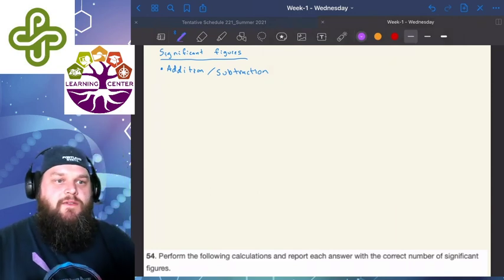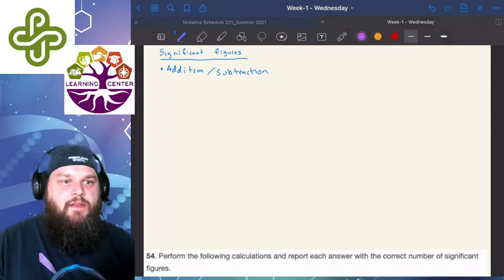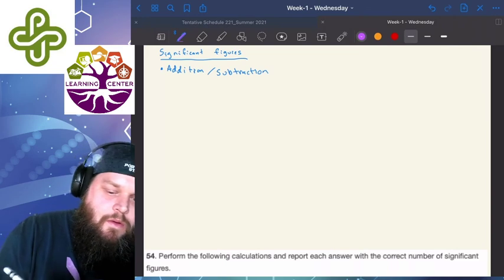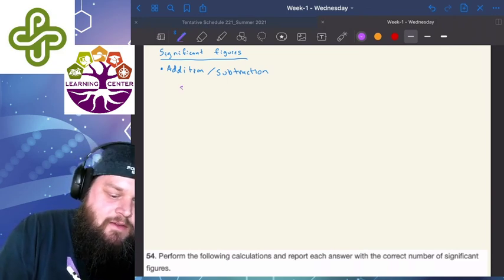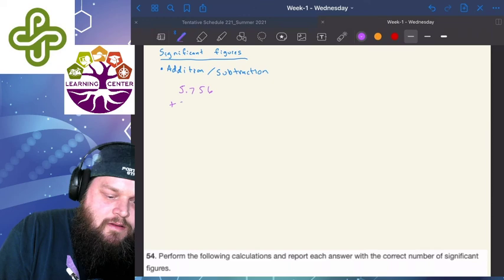So when you have significant figures and you're doing the math behind them, say I have this example: 5.756, and I'm going to add to that 0.23.